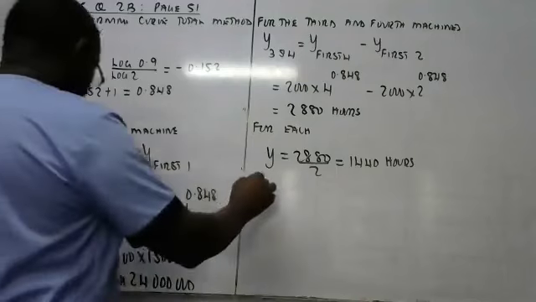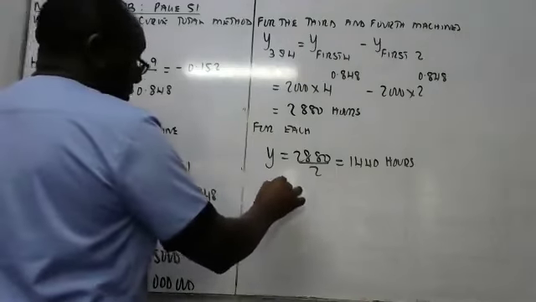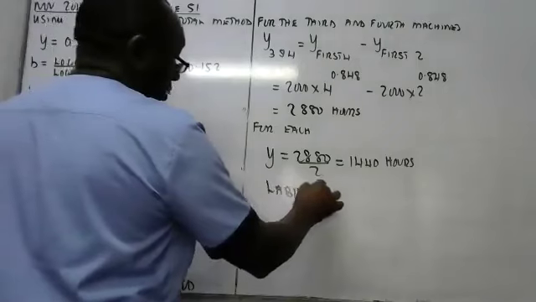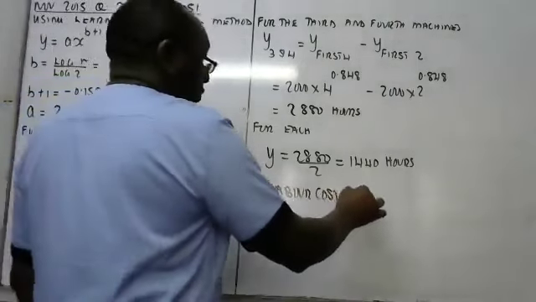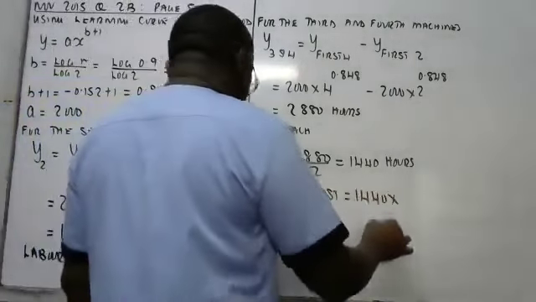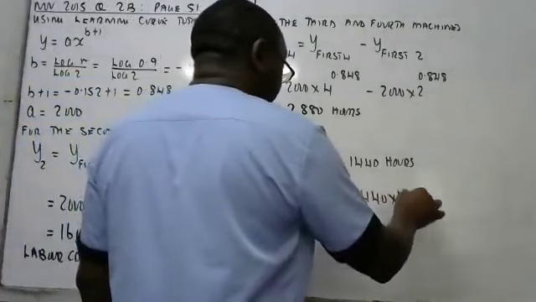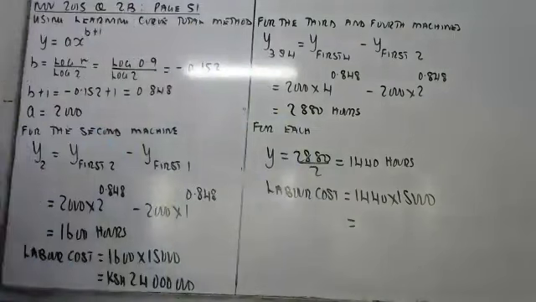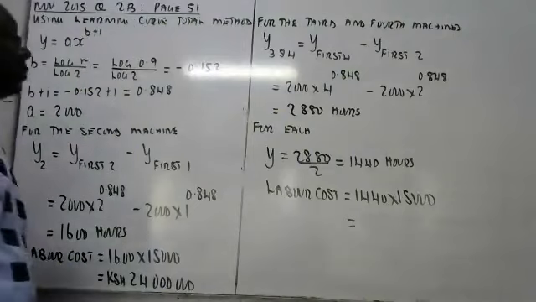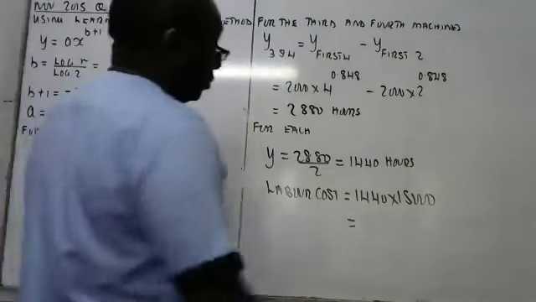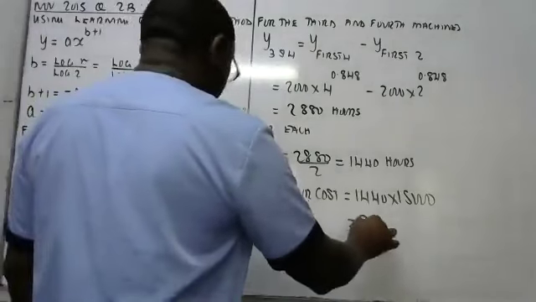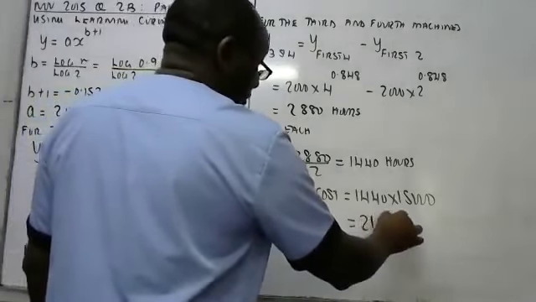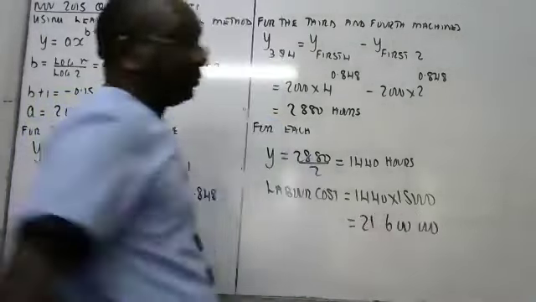Labor cost will be 1440 times 15,000, which is 21,600,000.